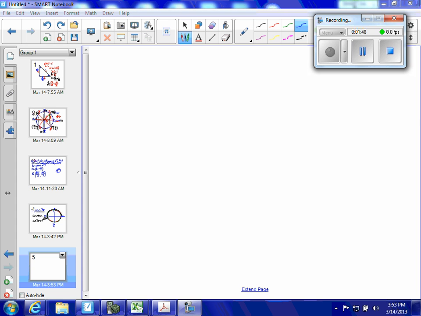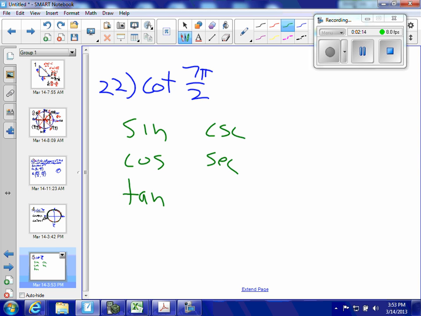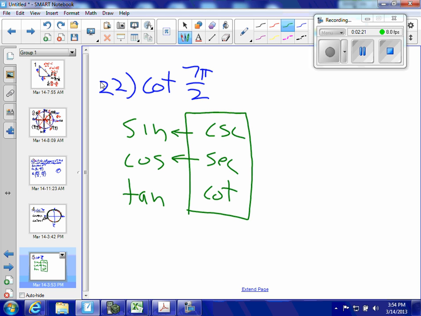Let's take a look at number 22. I want cotangent 7 pi over 2. Now there's several things I need to know about this. First of all, I know I have sine, cosine, and tangent. And then I have cosecant, secant, and cotangent. And these are simply the reciprocal of these.